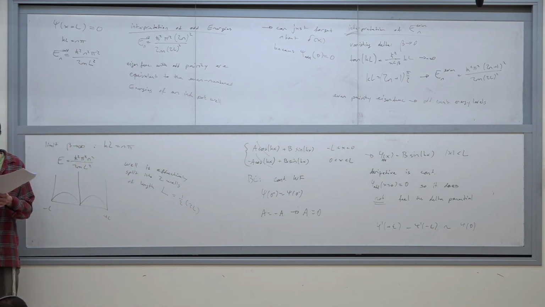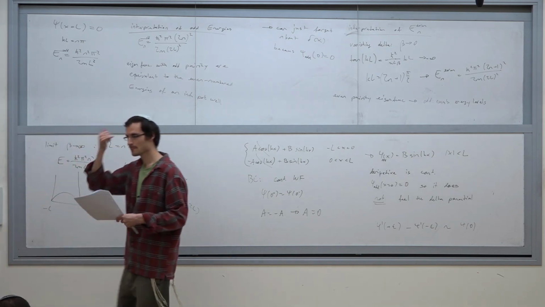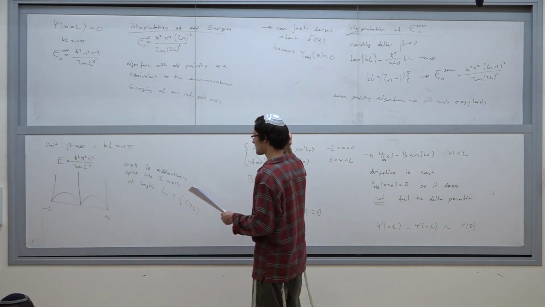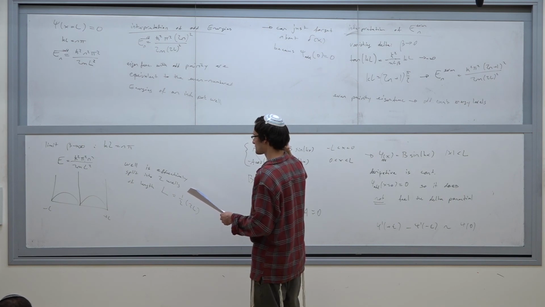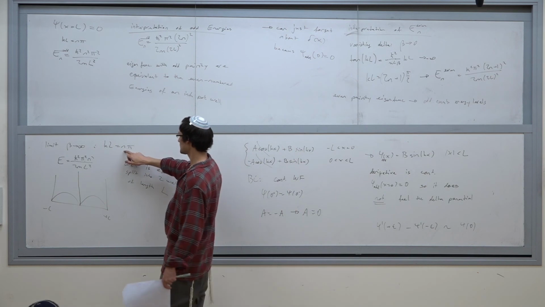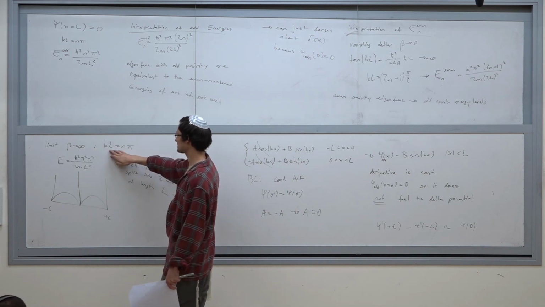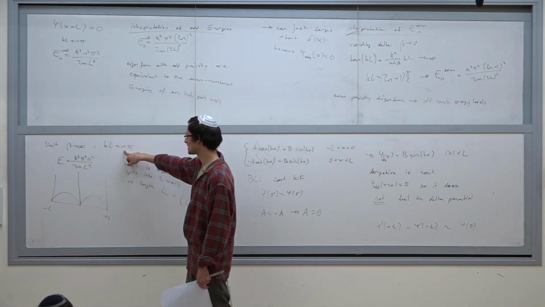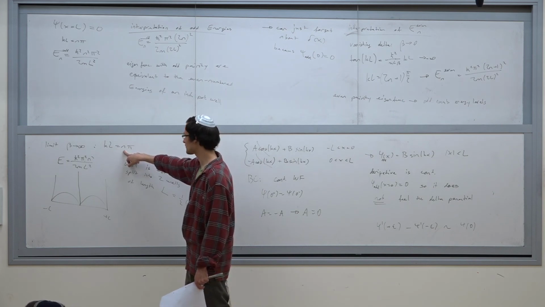In the even energy, you don't need to make n into 2n because it's only even. This n came from this condition. There's no condition on n being even or odd, right?